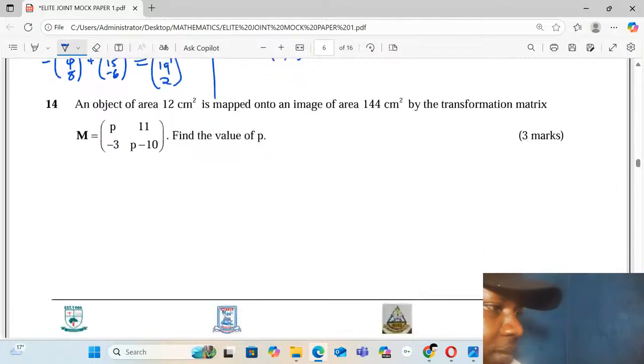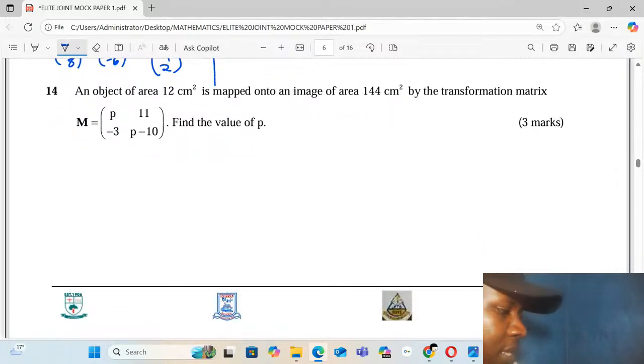That is having some three marks. A question on matrices and transformation.